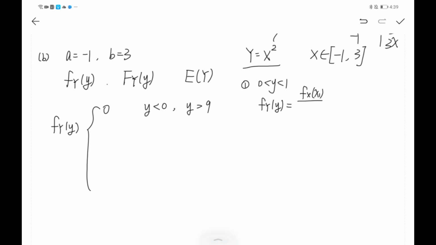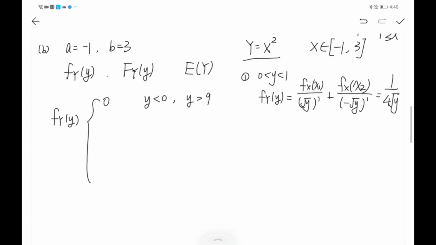So we should get this form, and we can get 1 over 3 root y.